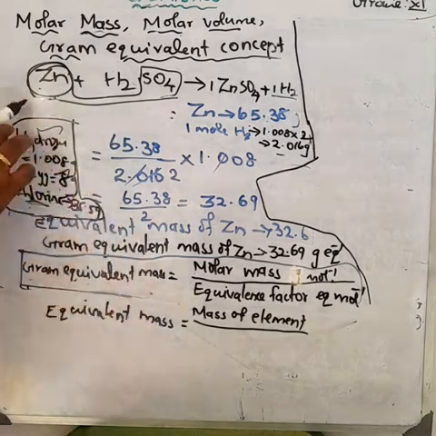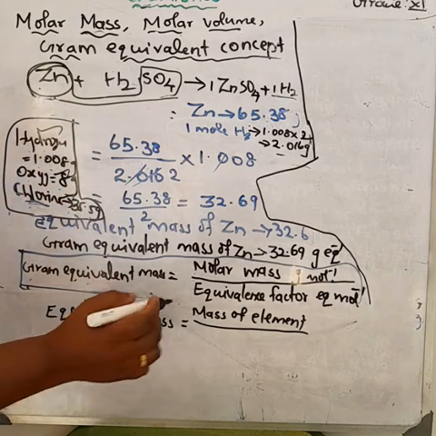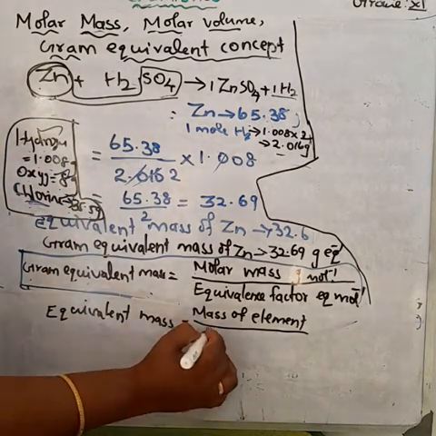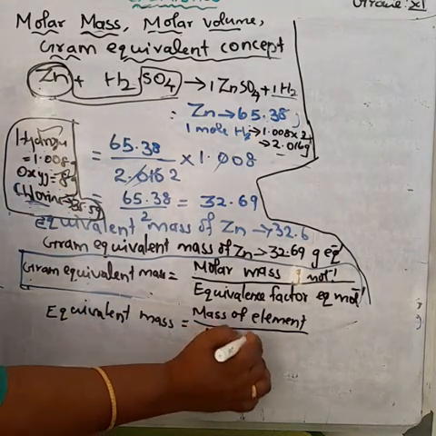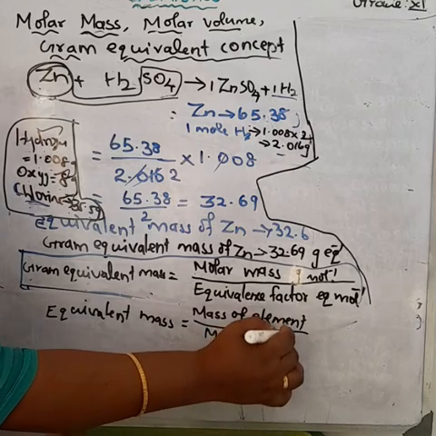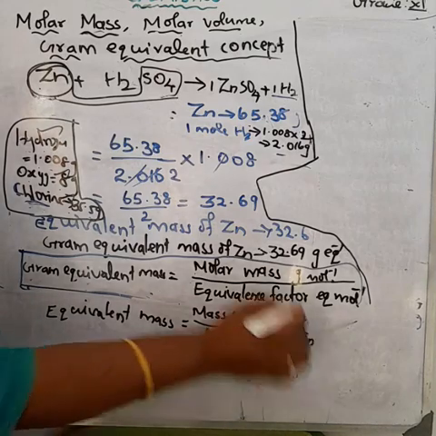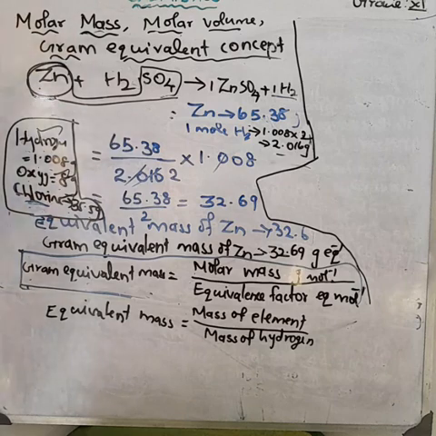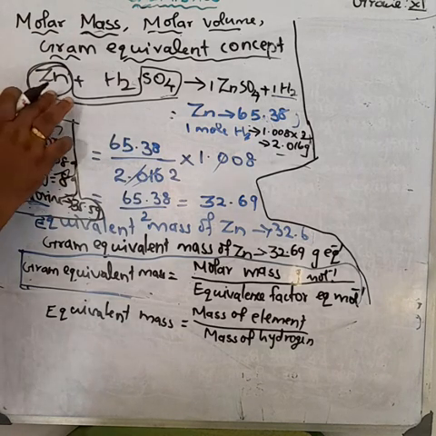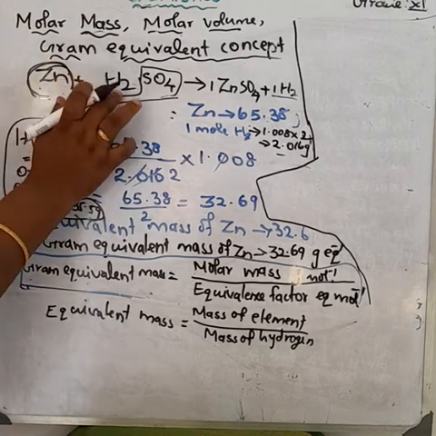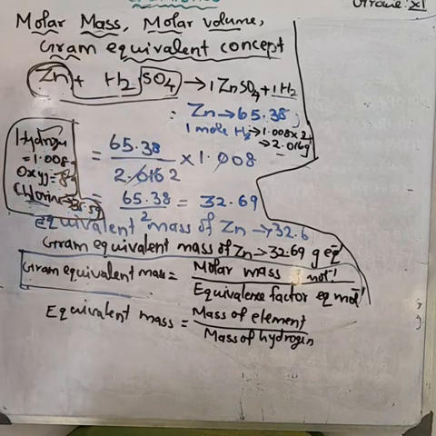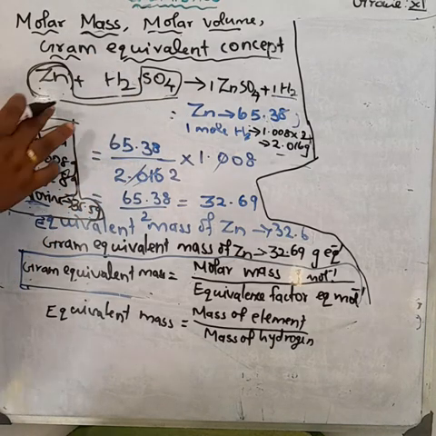Understood? The mass of the element by the mass of the hydrogen, because in this reaction zinc will displace the hydrogen from the sulfuric acid. That's why we are using this formula.